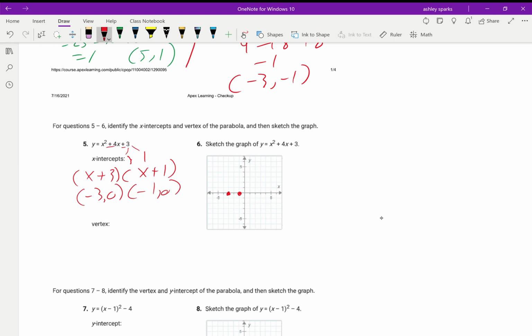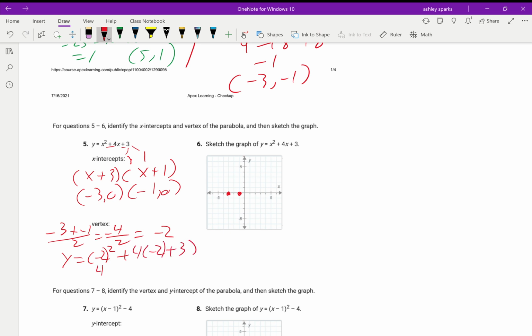But to find the vertex, I now do negative 3 plus negative 1 divided by 2, which would give me negative 4, divided by 2, which is negative 2. So my vertex is going to be somewhere in the middle here between these 2 points. And we're going to plug it in. So y equals negative 2 squared plus 4 times negative 2 plus 3.